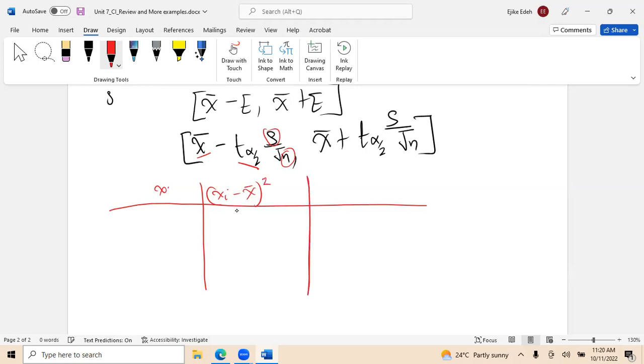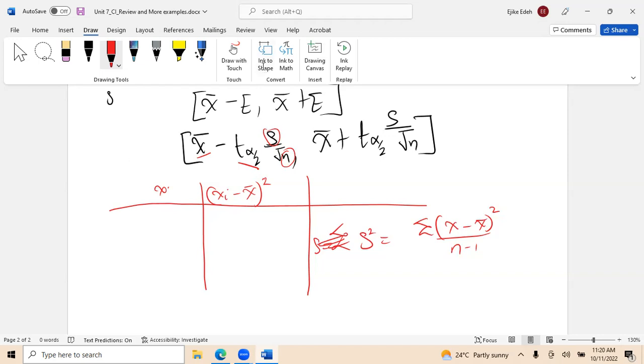And it is the sum of everything we have. So the sample variance will be the sum of everything we have on that column divided by n minus 1, right? And then, of course, when we get the sample variance, we take the square root to get the standard deviation. So let's get the variance first.